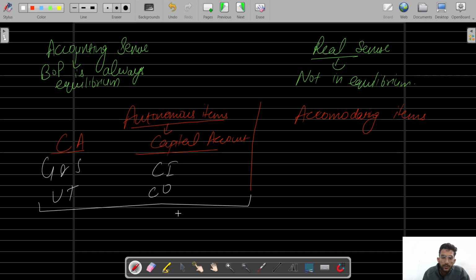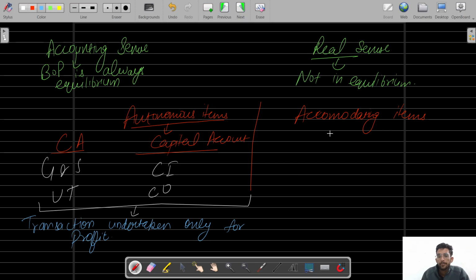In autonomous items, the transactions are undertaken only for the purpose of profit.